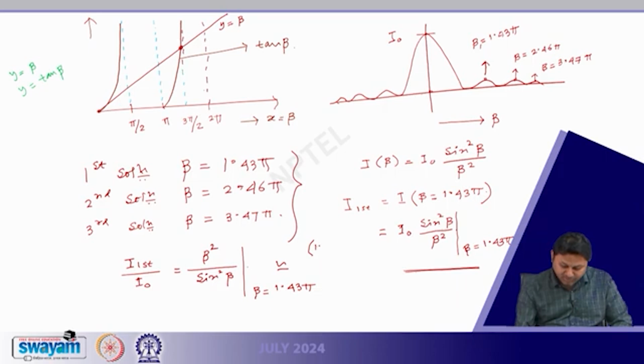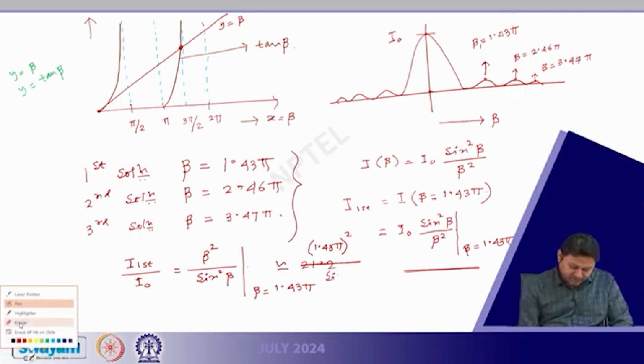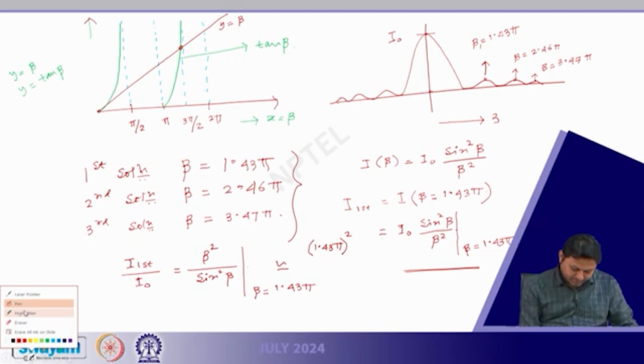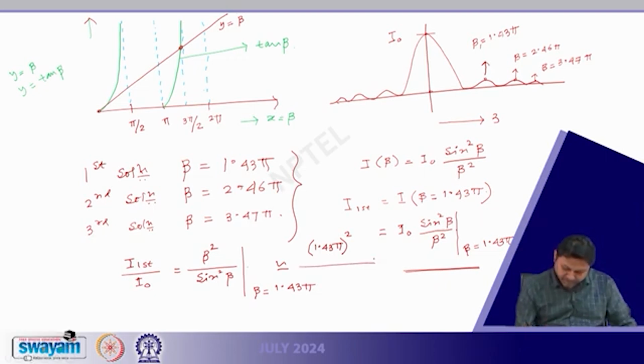So beta square means it will be 1.43 pi, whole square of that, divided by sine square of 1.43 pi, square of that.